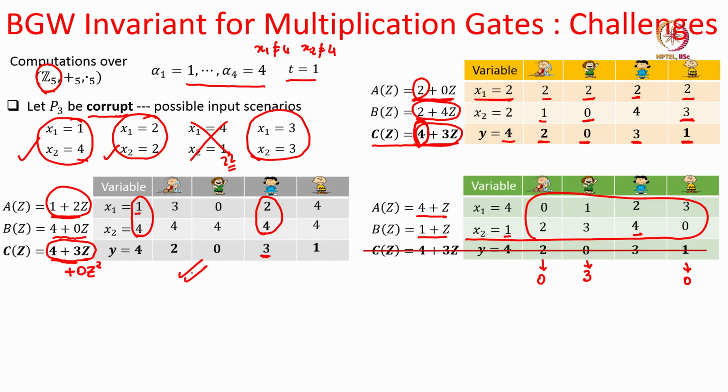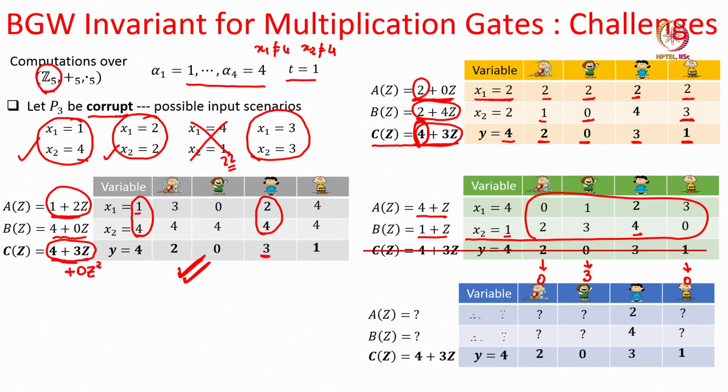That means based on the values which are tick marked here, which it has actually seen in the protocol, it can say that no, it is not the case that I have participated in the protocol where P1's input was 4 and P2's input was 1. In the same way, let us check the fourth possibility, whether x1 being 3 and x2 being 3 is possible.